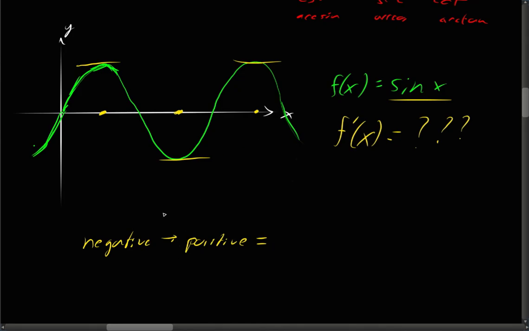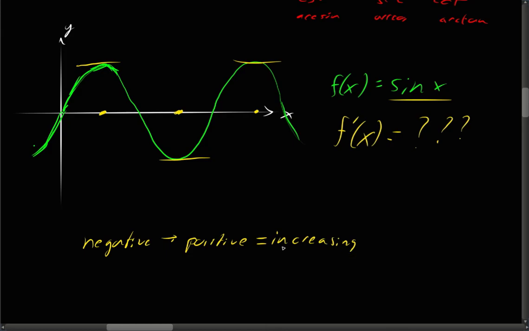So if it's going from negative to positive, it's going to have an increasing slope.